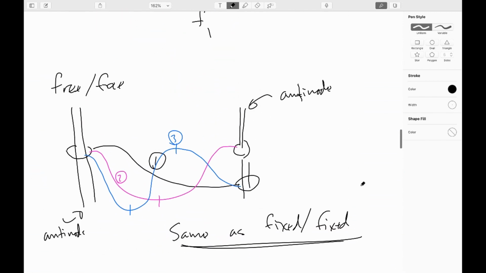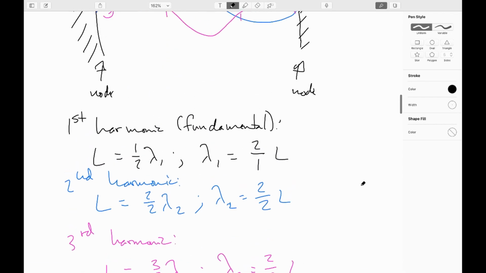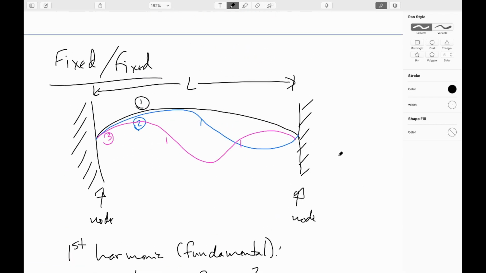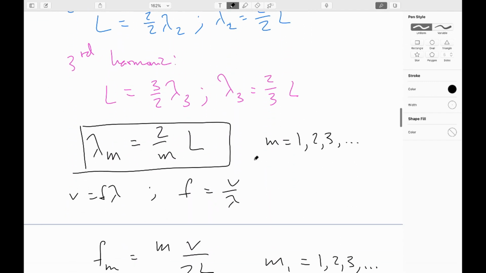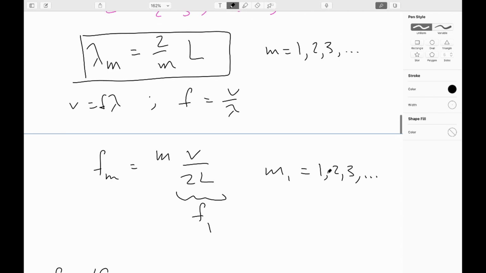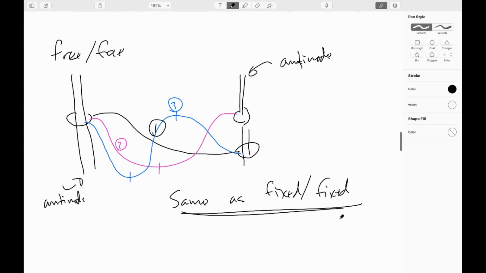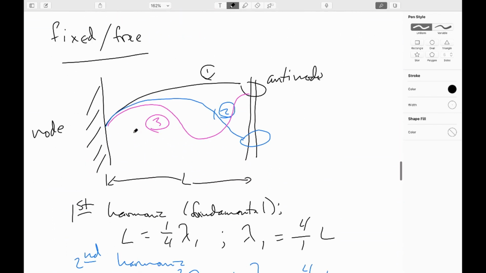So if both ends are fixed in an organ, you'll have harmonics that are integer multiples of the fundamental. Whereas if one end is closed and the other end is open, then you'll only have odd numbers times the fundamental, and you'll be missing the evens.